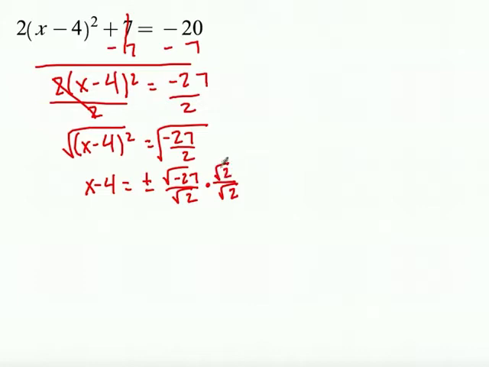That just means I'm multiplying by the denominator over the denominator. That ends up being square root of negative 54 over square root of 4, which is square root of negative 54 over 2.